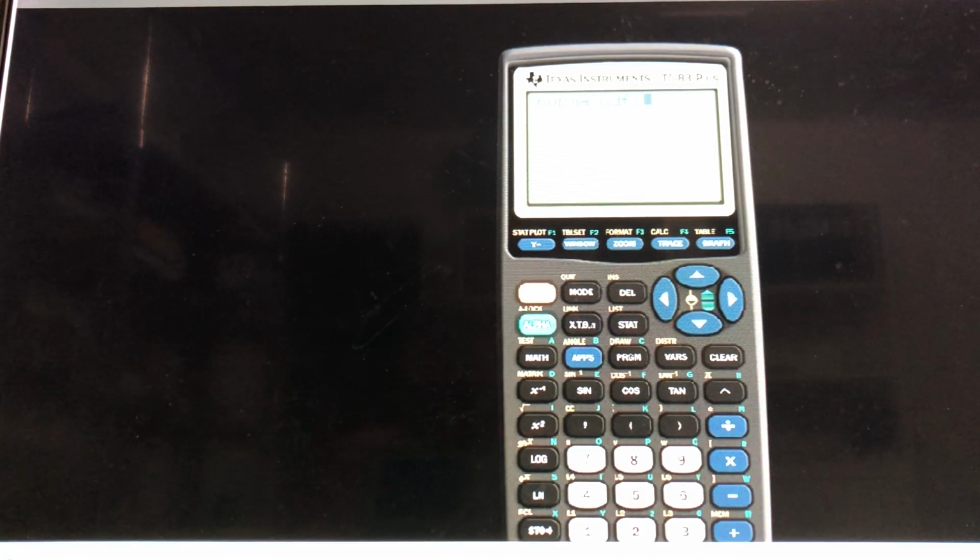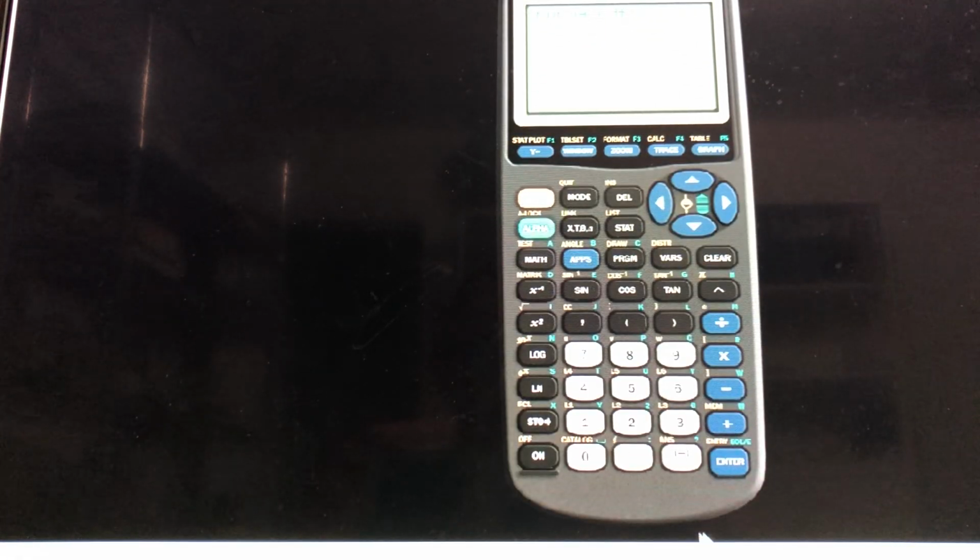When I press enter, it takes me back to the main screen. Let's see if I can move this so you can see it better. I'm on the main screen now, and it says normal CDF with a parenthesis. So this is why I call these typing calculators: I have to type these 4 numbers in, and I have to know the order they go in and put a comma between each one. And watch out, there's a difference between the negative button down here at the bottom right next to the enter.